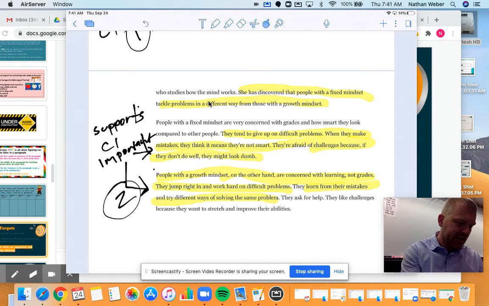People with a growth mindset, on the other hand, are concerned with learning, not grades. They jump right in and work on difficult problems. They learn from their mistakes and try different ways of solving the problem. So I would say this is the second important detail that supports the central idea. People with a growth mindset are concerned with learning, and they can solve difficult problems.